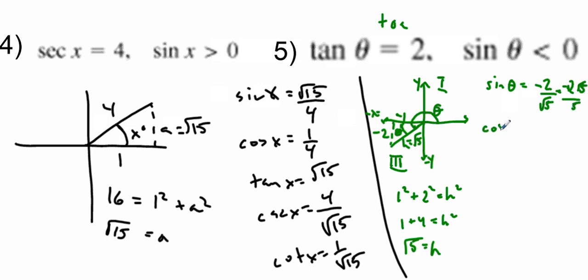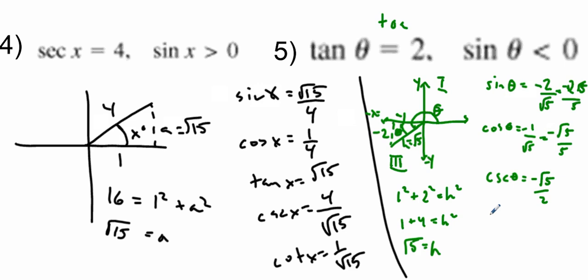We have cosine of the angle. Cosine of the angle is going to be negative 1 over square root of 5, which is negative square root of 5 over 5. Tangent we have known as 2, and now we can find out the rest of them. Cosecant of theta is going to be hypotenuse over opposite, so negative square root of 5 over 2.